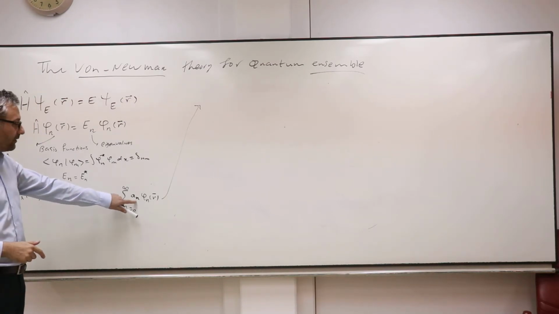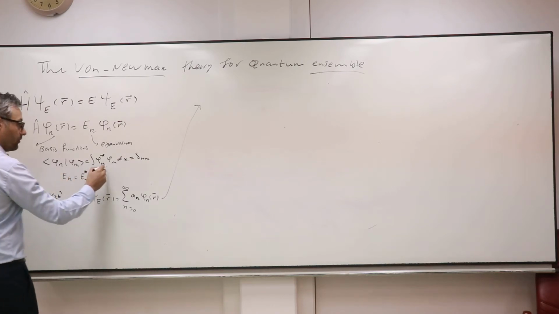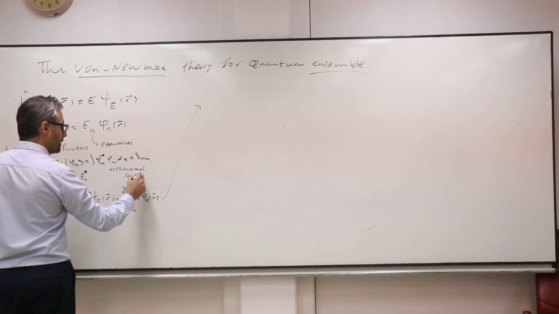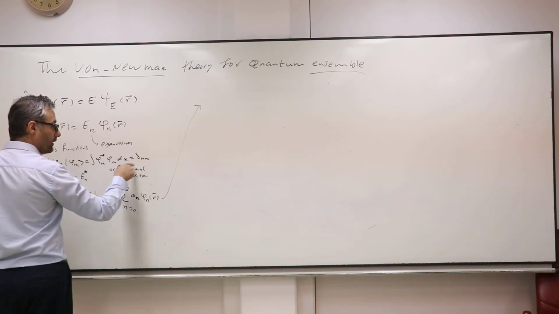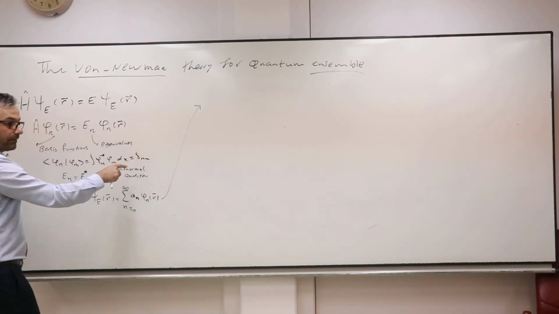So what is An? How can I find An? Normalization. Orthogonality condition. This is the orthogonality condition actually. Orthonormality. Normal because it should be 1 if they are the same, and orthogonal because if they are not the same, it will give you 0.